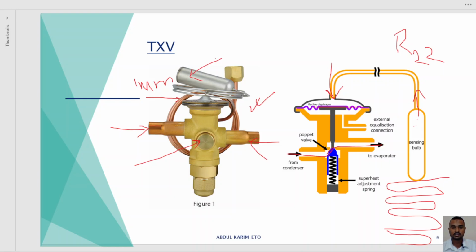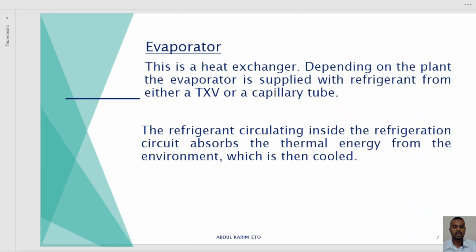Let's see what is next. Okay, this is the evaporator. Evaporator is mainly a heat exchanger. In a ship, the evaporator is located in the region of the enclosed space. When it absorbs heat from the surrounding area, at that instant the refrigerant used inside the evaporator boils up.